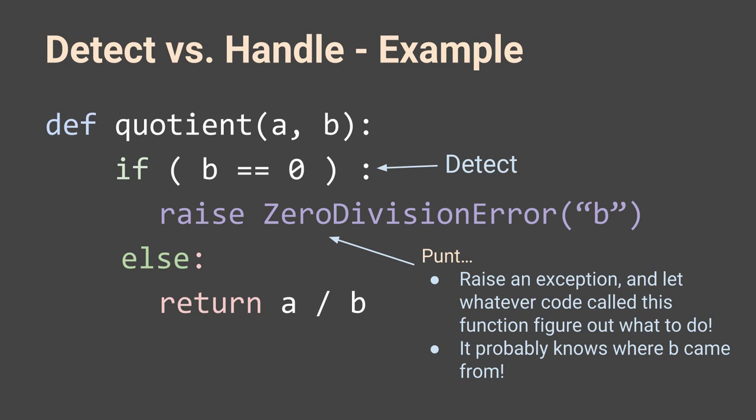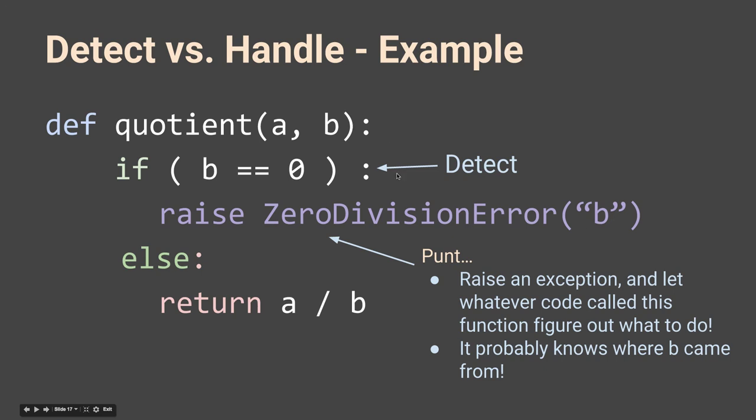To generate an error, which is different from the try except block, I use the keyword raise, and I can pick an exception. One of the built-in exceptions is ZeroDivisionError, which is quite nice, and we can print a message inside the ZeroDivisionError. Of course, here I could say that it was b.